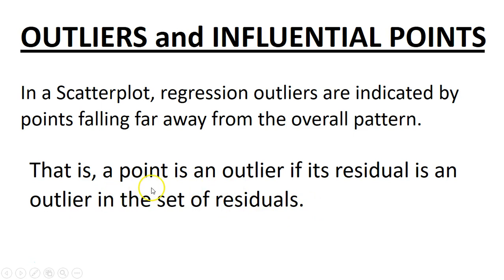Kind of funny to say it that way, but that's definitely confirming that it is a residual. If you're looking at your plotted points of residuals and you see one way out there, while the other points are clustered here, that's probably an outlier.